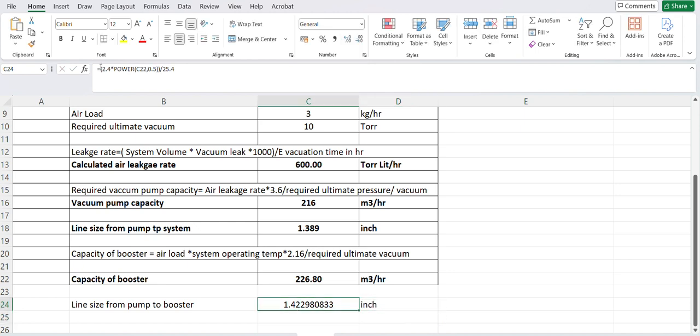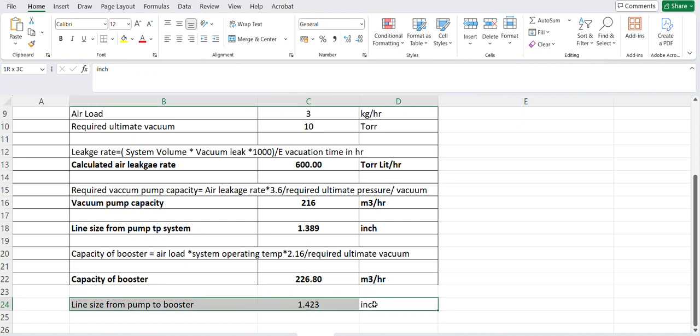Here our calculated line size from the pump to booster is 1.5 inch.